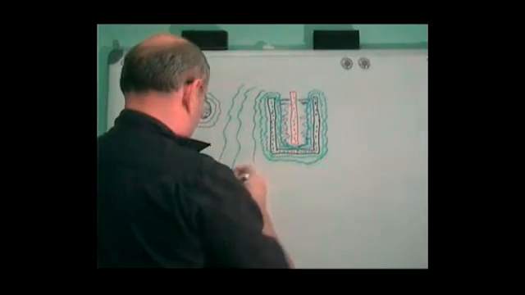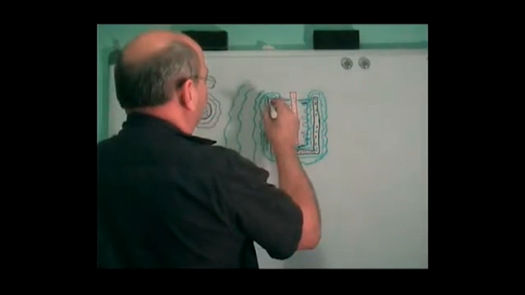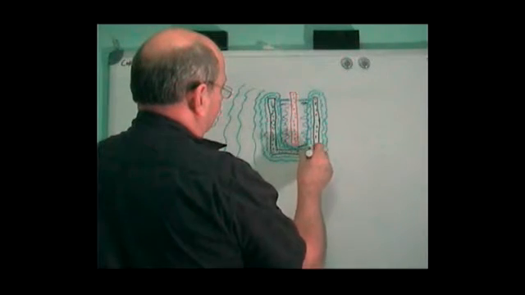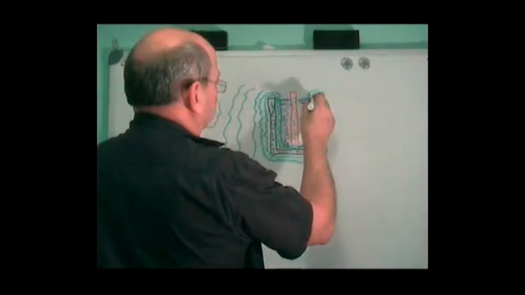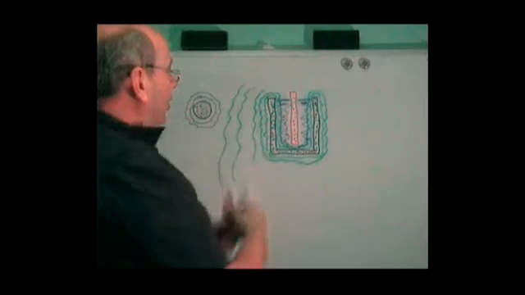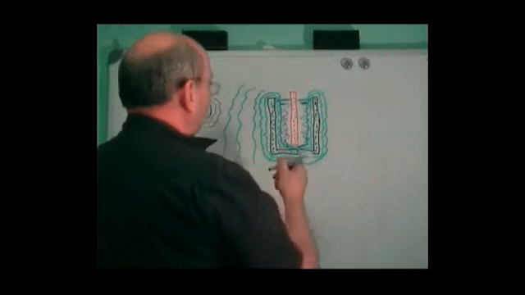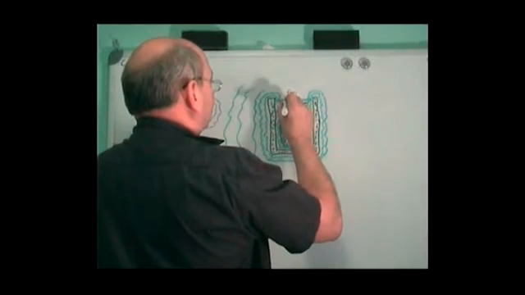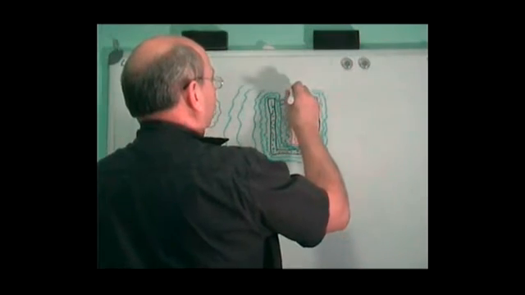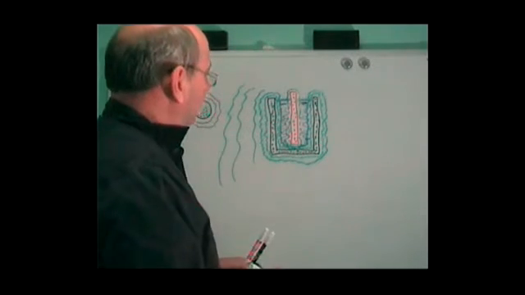Okay, now inside here we have this, but also inside here we have a little bit of energy inside there where it's permeable. And we have the same thing happening around our cathode. I'm just going to draw one because it gets confusing.